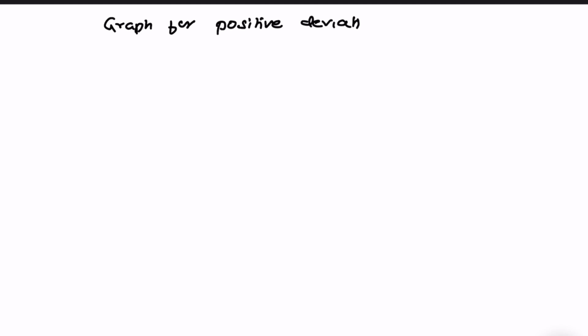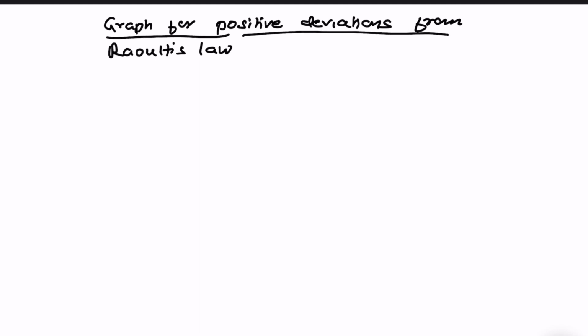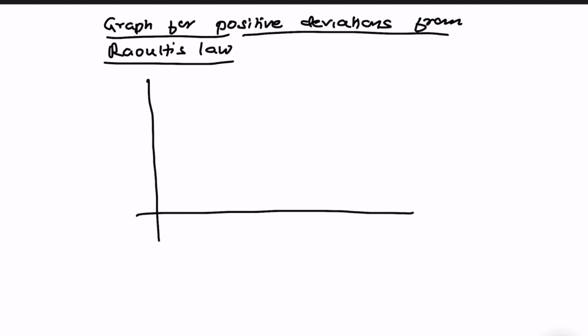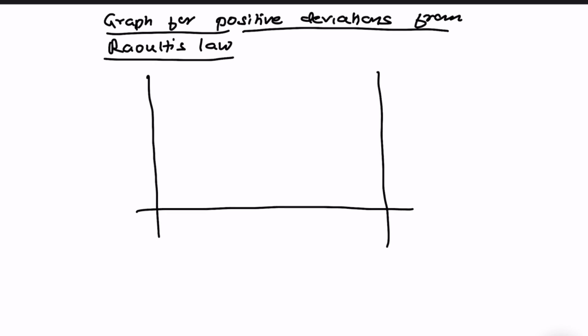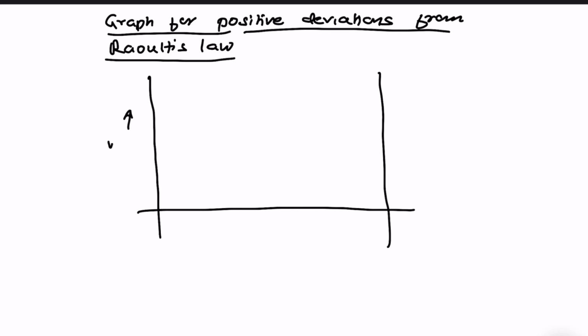In case we have a solution which is showing positive deviation from Raoult's law, we plot a graph between the vapor pressure and mole fraction.